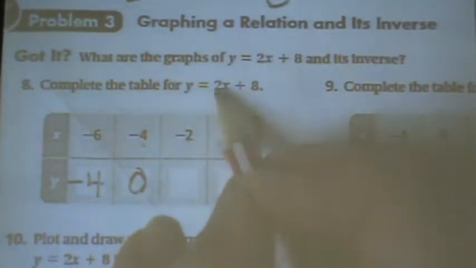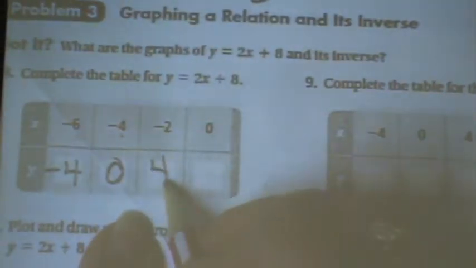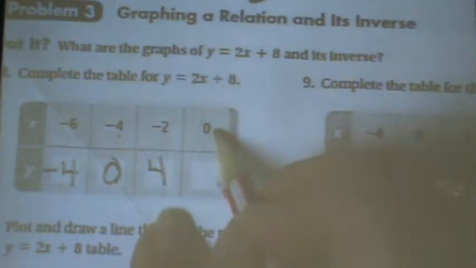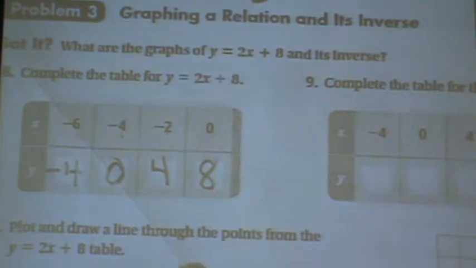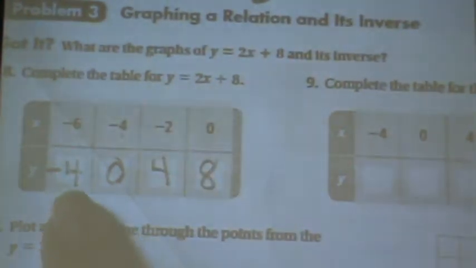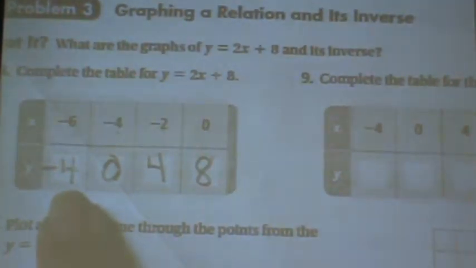If you plug -2 in here, you're going to get 4. And if you plug in 0, you're going to get 8. So let's plot these 4 points, and it's a linear function so we can connect the dots. Graph -6, -4, then -4, 0, -2, 4, and 0, 8. Let's connect these dots.